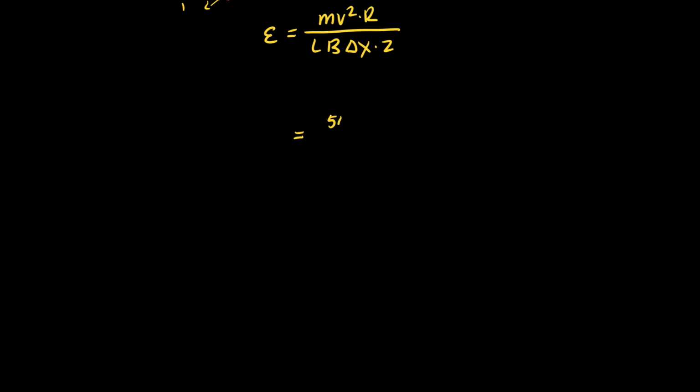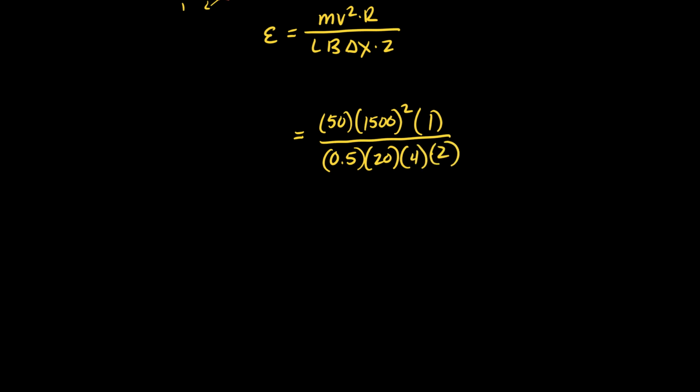Mass 50, V 1500 squared, R 1, length 0.5, B 20, delta x 4 times 2. It's going to be hard to get around that 1500 squared.